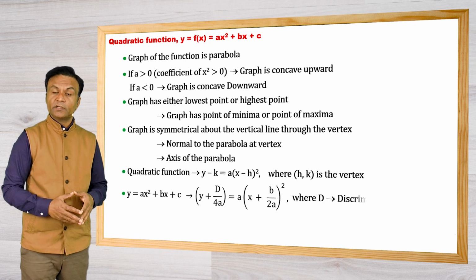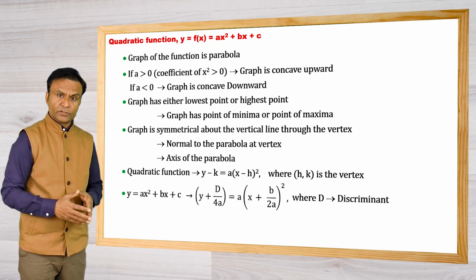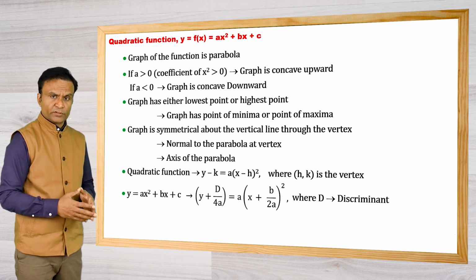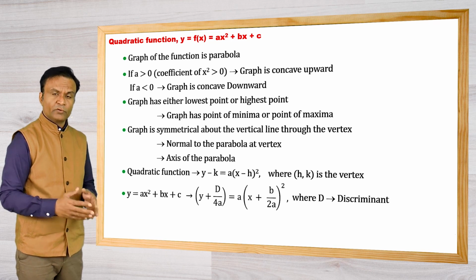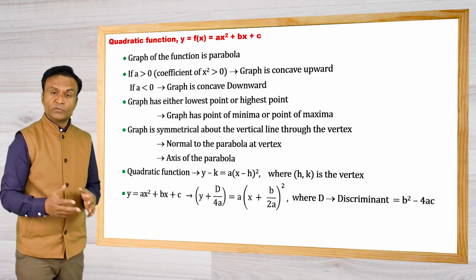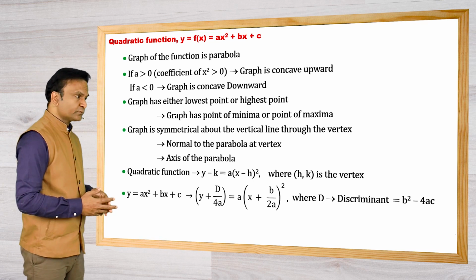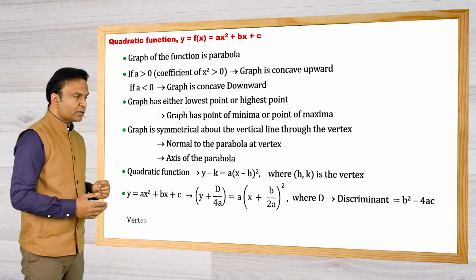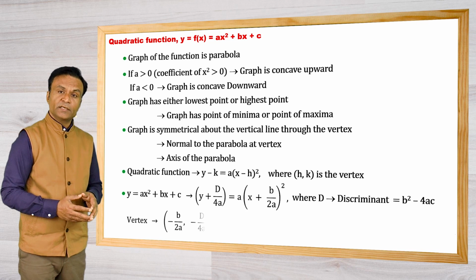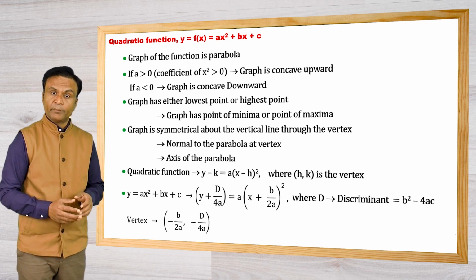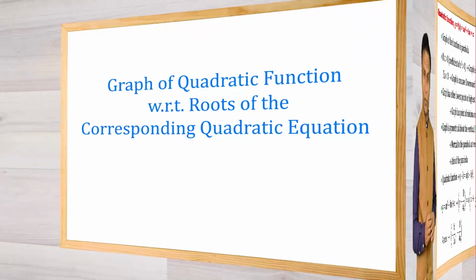Here D is the discriminant of the quadratic function or corresponding equation. We know the value of D, which is b² - 4ac. So in this case, the vertex of the parabola is (-b/2a, -D/4a).